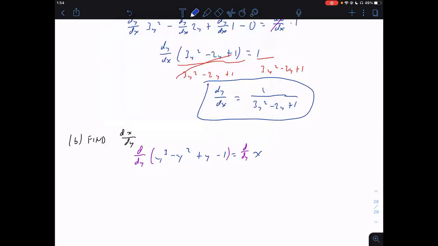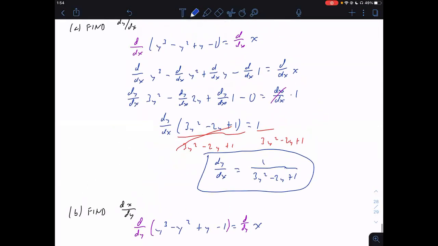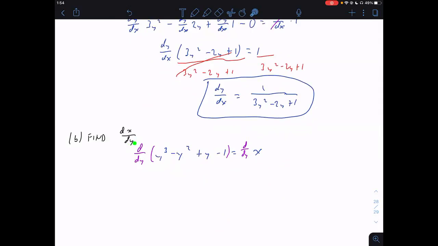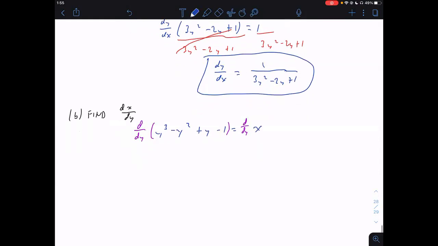Again, for these types of problems, the first step is to take the derivative of both sides of the equation with respect to what our denominator is. And since our denominator is now y, we're going to take the derivative with respect to y of each side of this equation. Okay, and the steps that follow are pretty similar.